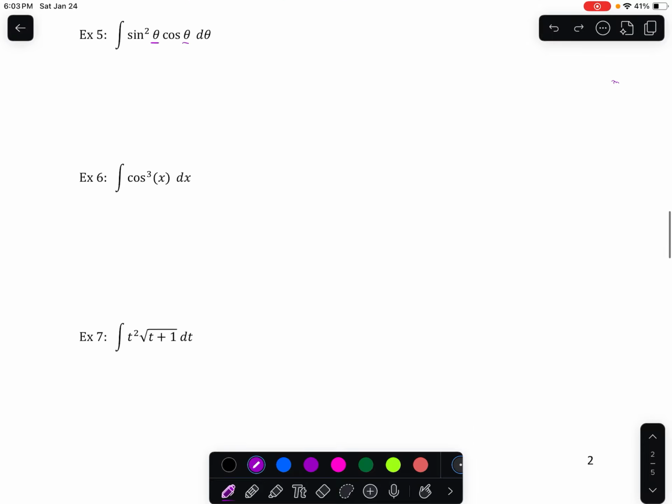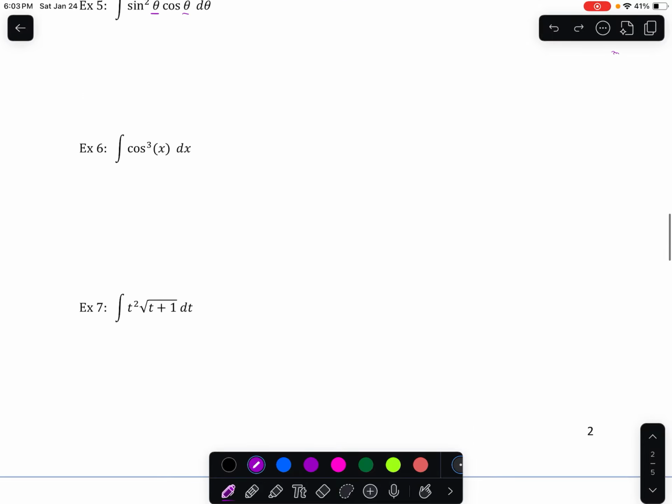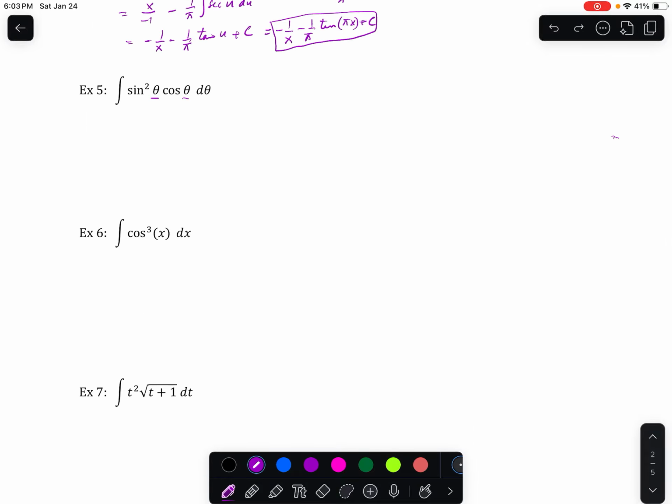So what can we do? Well, there could be several things we can do, but not all of them will be helpful. There could be more than one way to look at things, but not necessarily everything will be helpful. Now, if you recall, we have an identity: sine square theta plus cosine square theta is equal to 1.